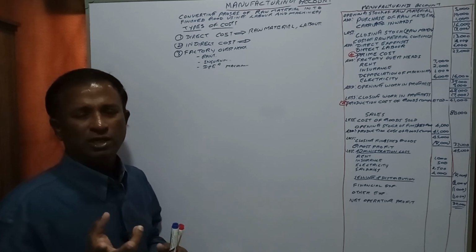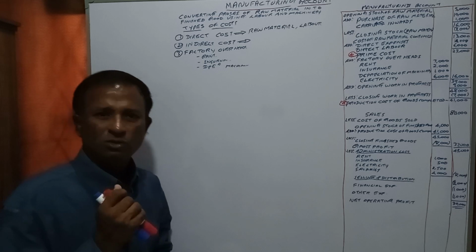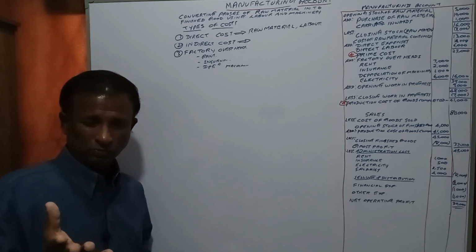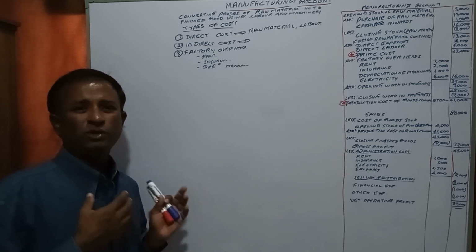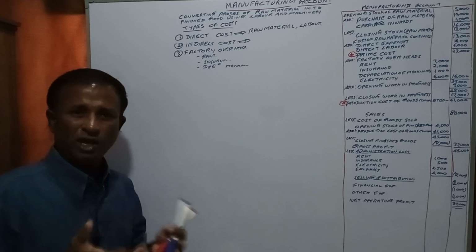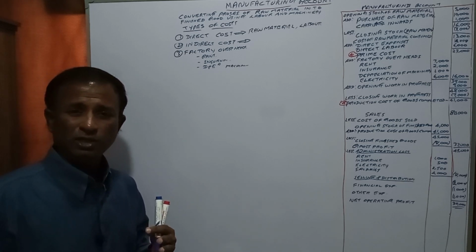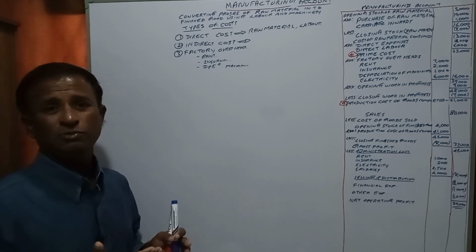Can you expect that anybody will come and buy the produced products from you? No. You have to do the advertising. You have to incur selling and distribution expenses. Administration expenses should be there.